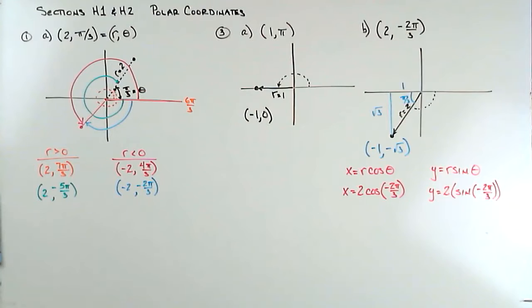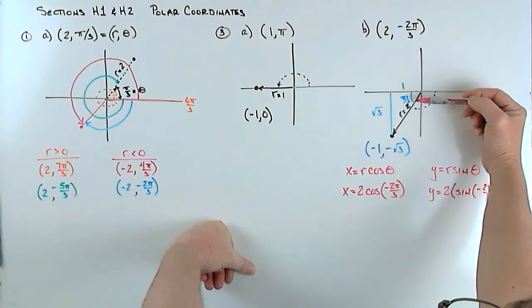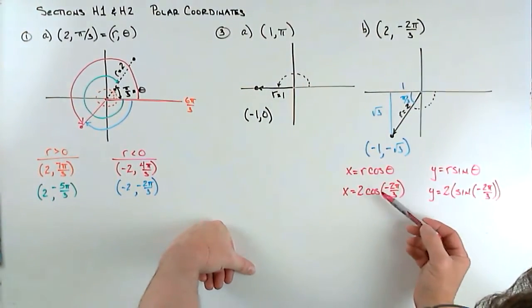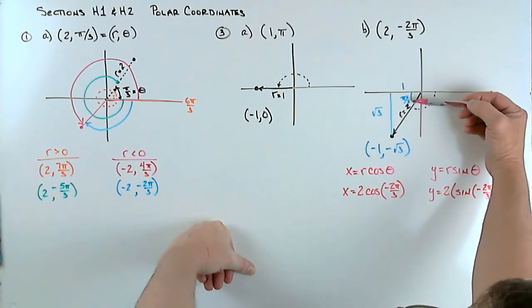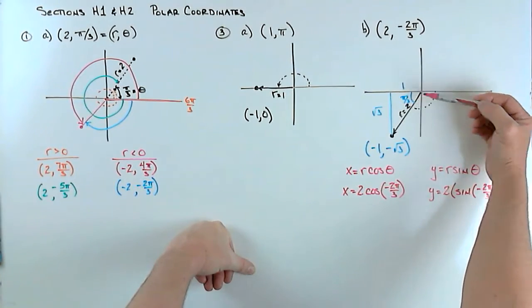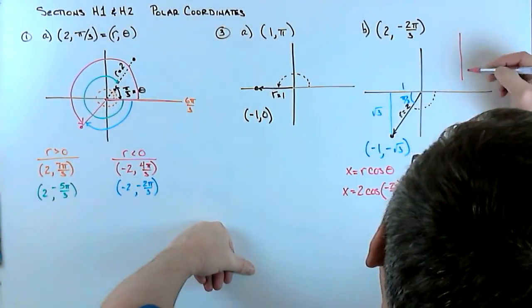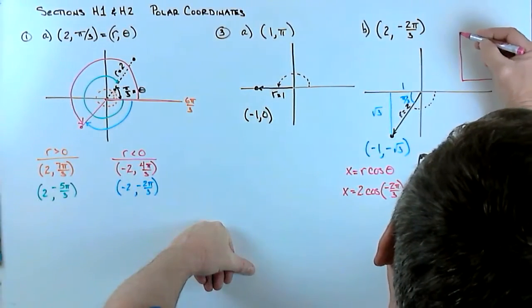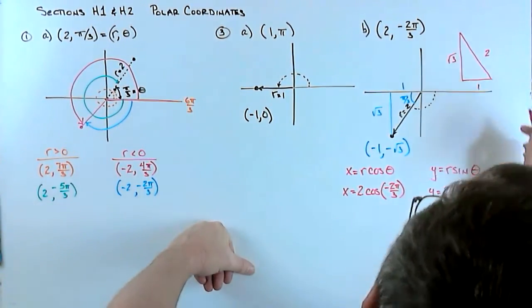And if we do our arithmetic here, our reference angle, going back to our pre-calculus days, we would draw this angle. Our reference angle is pi over 3. And so if our reference angle is pi over 3, then our standard 30, 60, 90 triangle would look like this: 1, 2, square root of 3.